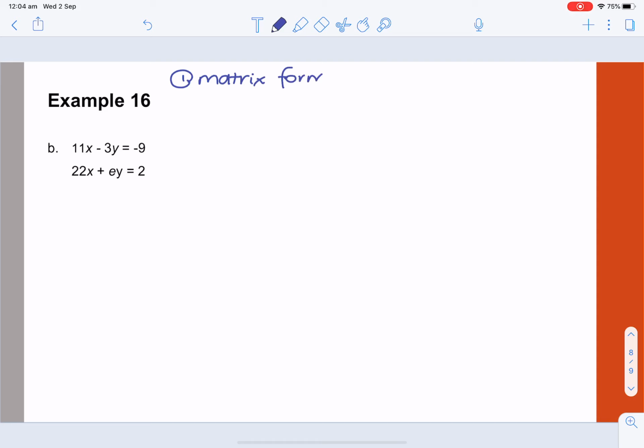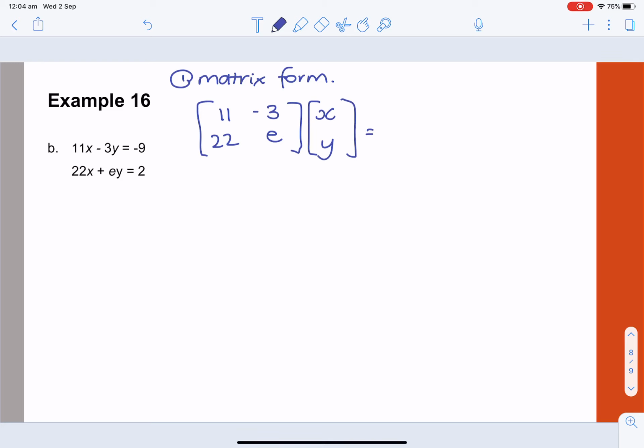So I've got 11, minus 3, 22 and e. And again, my pronumerals in this case are x and y, and they are equal to negative 9 and 2.